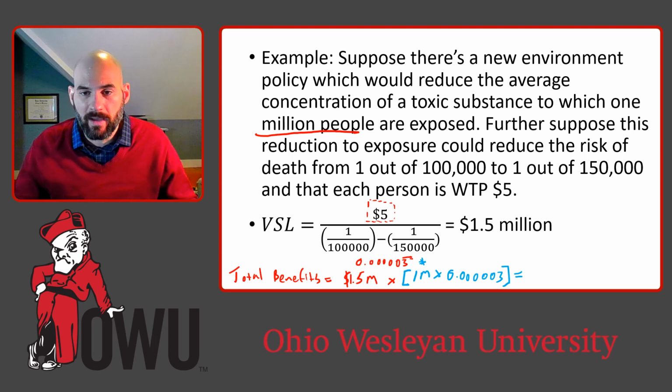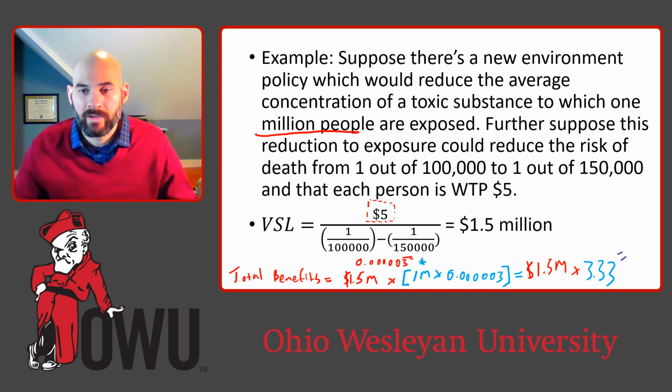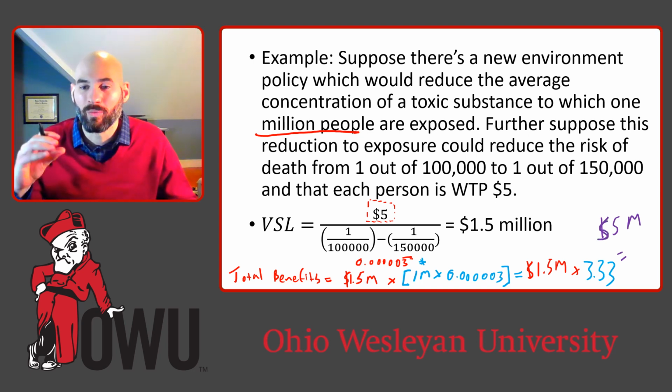So it's going to be that $1.5 million multiplied by 3.33 deaths avoided, which would then give us a value of basically $5 million.